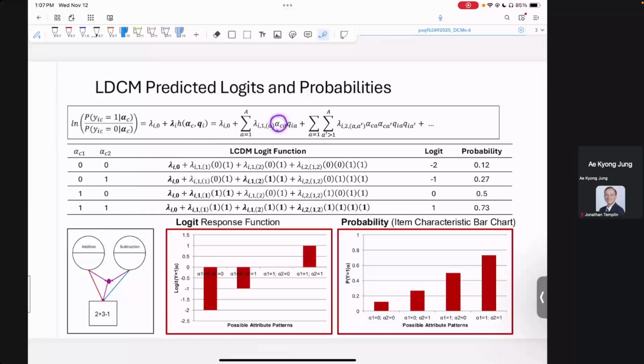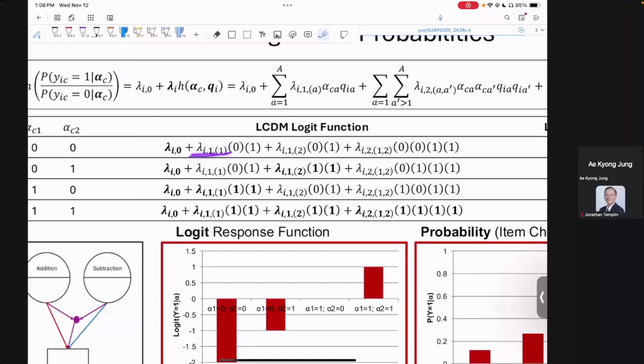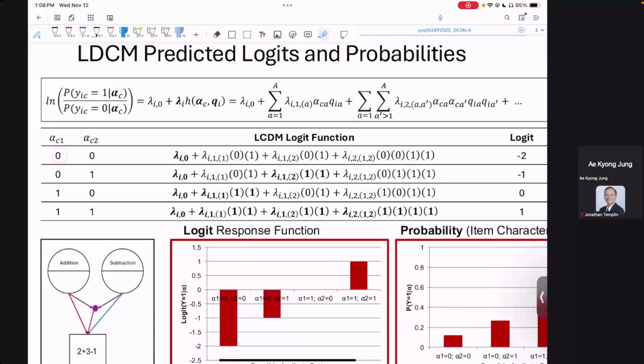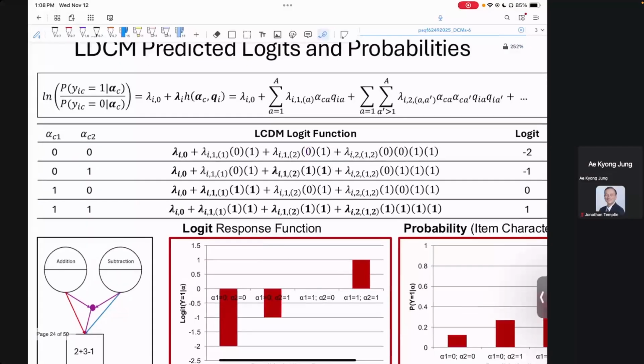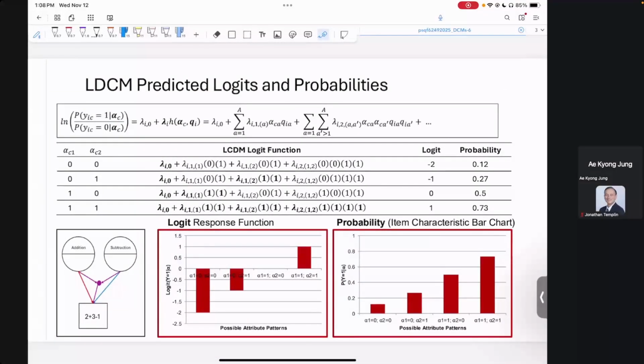So this part is the main effect of attribute 1, and as this class has not mastered attribute 1, we plug 0 here, so it'll be 0. And this is the Q part. This item is measuring attribute 1, so it'll be 1. This is the main effect for attribute 2, because this class has not mastered the second attribute, it will be 0. And this item is measuring the second attribute, so it's 1. We do the same thing for all the classes and the other interaction terms.